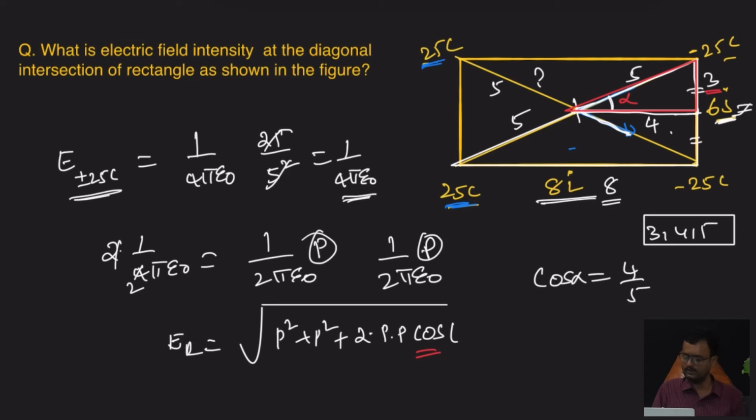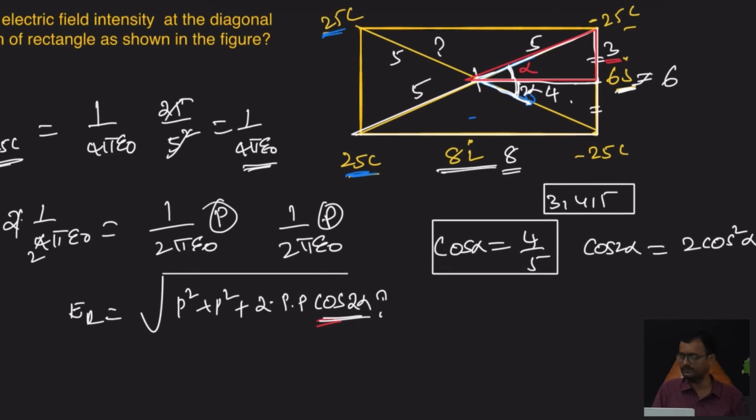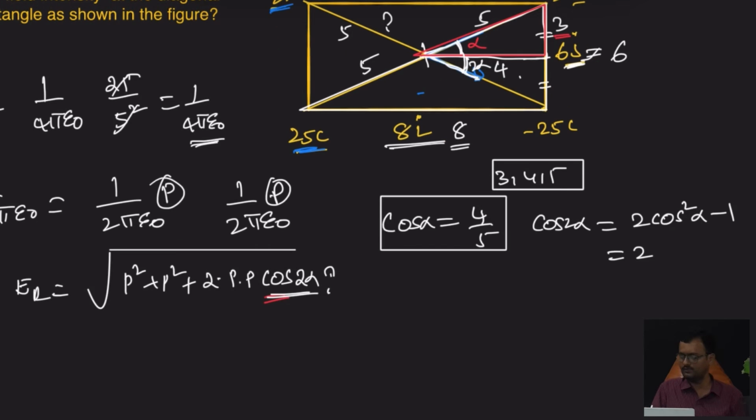But I want the total angle here. So that is cos 2 alpha. So cos 2 alpha is equal to how much, when we know cos alpha is equal to 4 by 5? We have a formula for cos 2 alpha, that is 2 cos square alpha minus 1. 2 cos square alpha, that is 2 into 4 by 5 whole square minus 1.